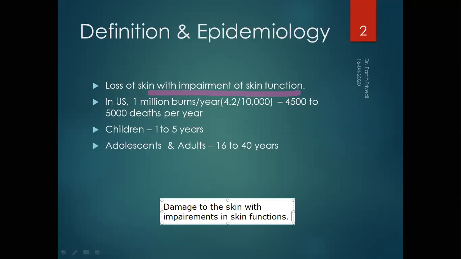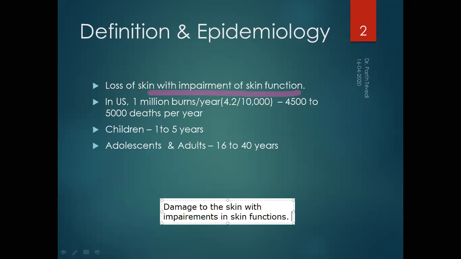In children, it is more common at 1 to 5 years, and more often because of hot water burns in India. In adolescents, it is somewhere around 16 to 40 years. This is epidemiological information, which is not going to make a major difference in the theoretical part.